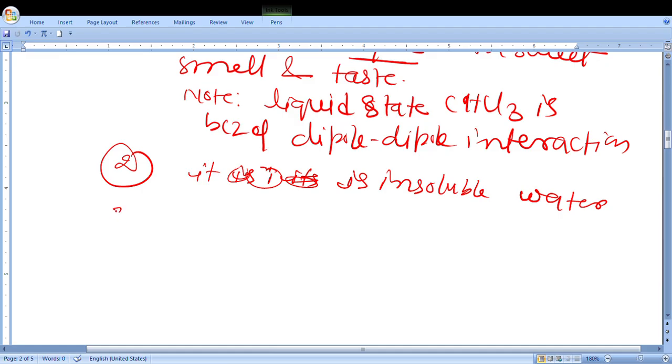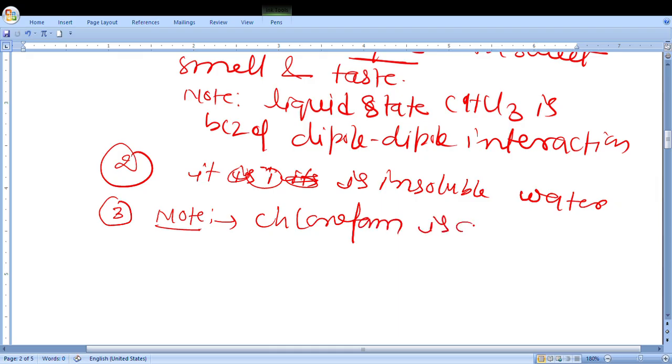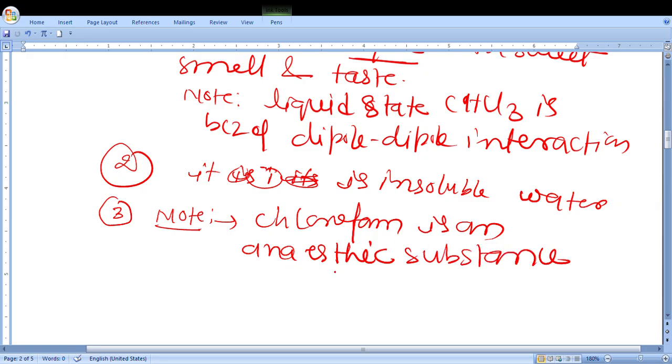Next point, very important note to remember, that chloroform is an anaesthetic substance. Anaesthetic substance means causing unconsciousness.